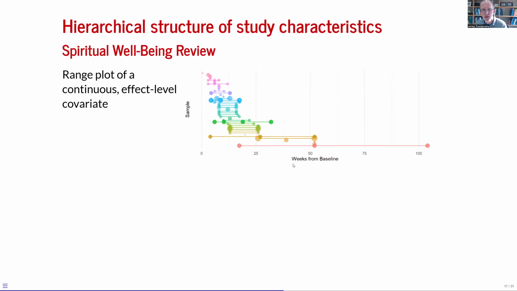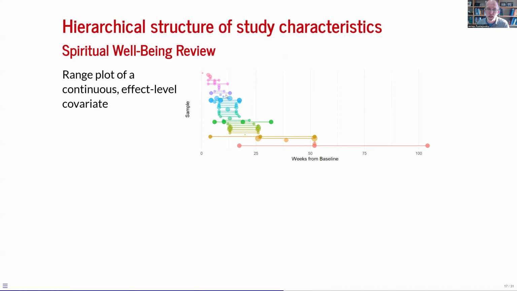This is weeks from baseline at which the outcome was measured. This is a within-study characteristic because many of the studies measured the outcomes at multiple points in time. You can see there's one that just did an immediate follow-up, and then a bunch of studies did follow-ups between like 4 and 12 weeks or so. The range varies, but there's a fair amount of within-study variation in this predictor.